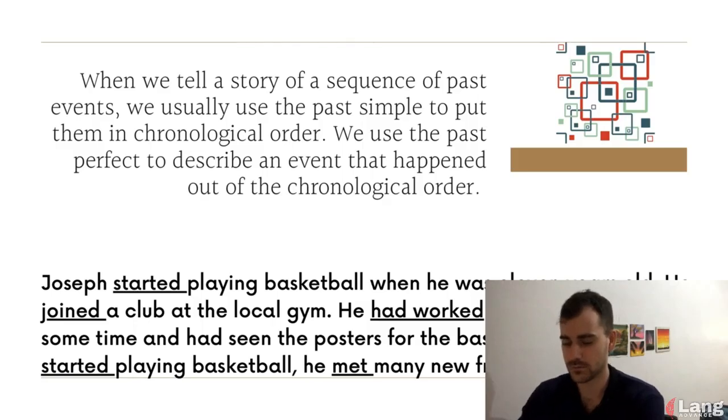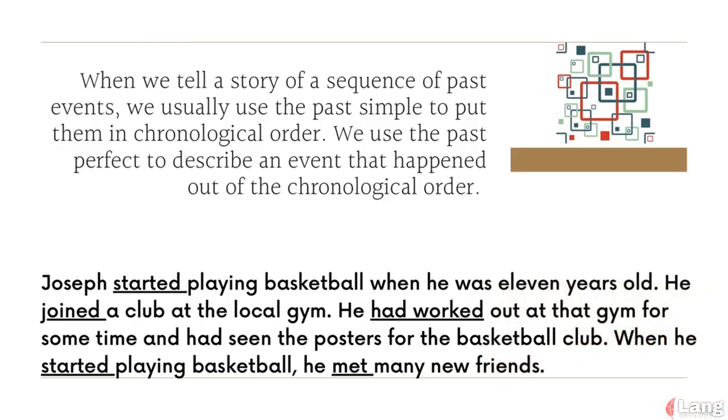The first rule is when we tell a story of a sequence of past events, so one event after the other, we usually use the past simple to put them in chronological order. Chronological order is one by one.